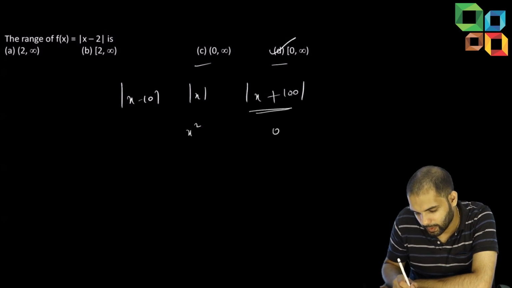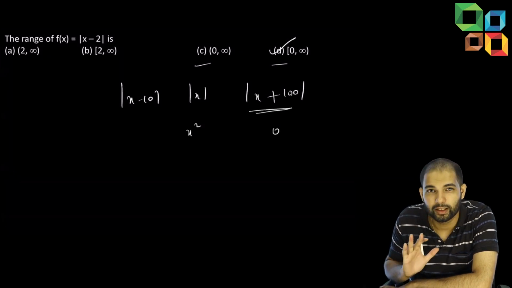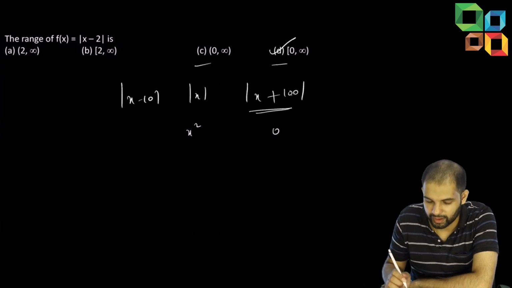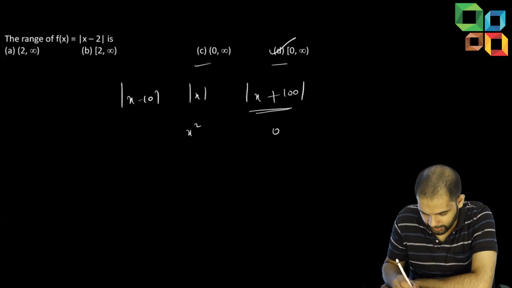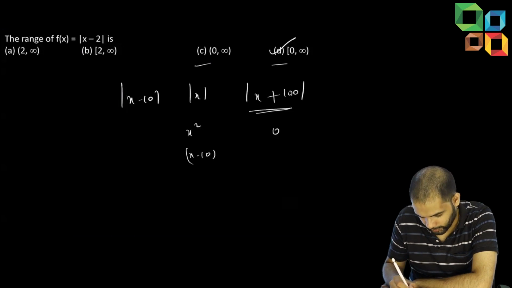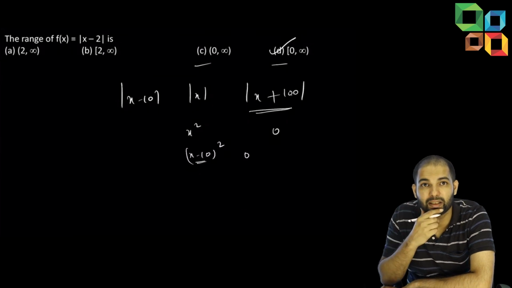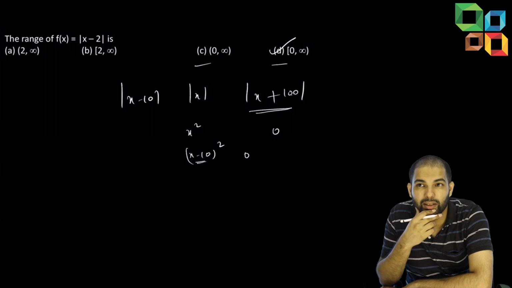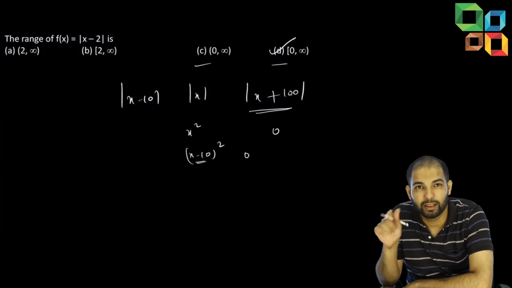It's something like x square. I'm talking only in terms of range, okay, not the graph or the real function itself. X square, x minus 10 whole square, all the ranges will start from 0. Even though the argument inside has changed, unless you add or subtract something outside, the range would remain the same. Okay, because it's a whole square.